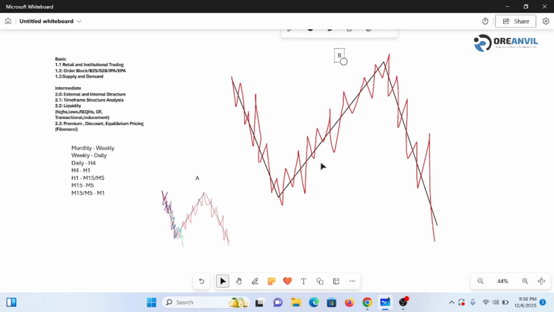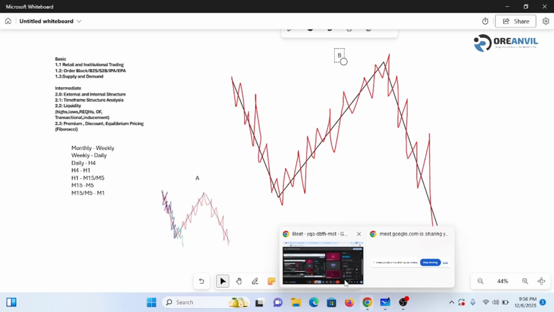Both of them are still external structure, and they still have internal structure. But you can tell which of these is subjective and which is objective.